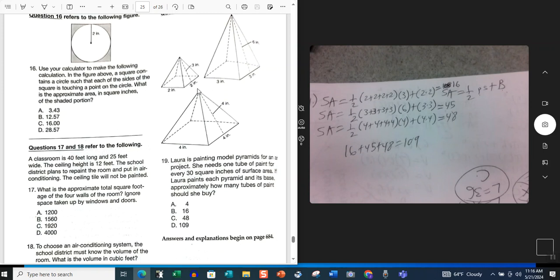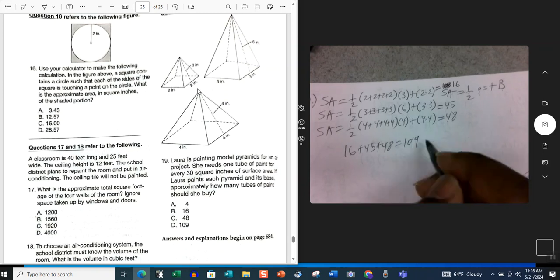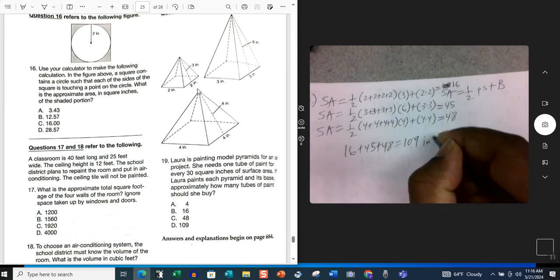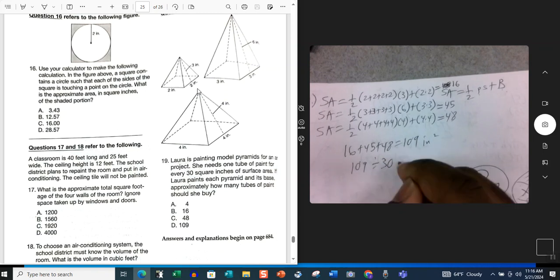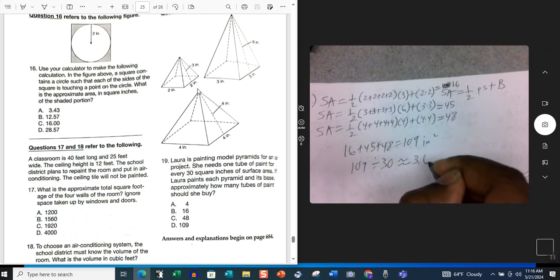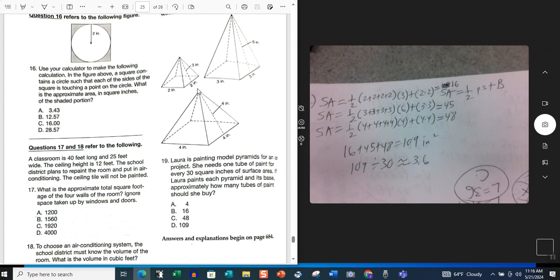Okay, now the problem states that Laura needs 1 tube of paint for every 30 square inches. So this is 109 square inches. So we'll take 109 divided by 30, and that'll give approximately 3.6. Now, we have to ask ourselves, how many tubes of paint would she need?